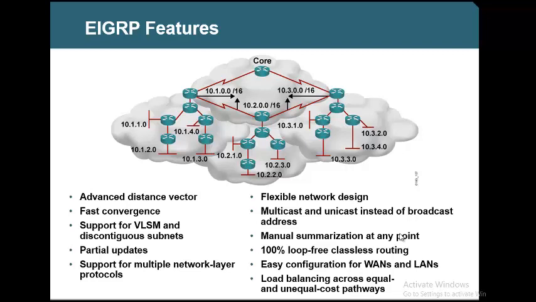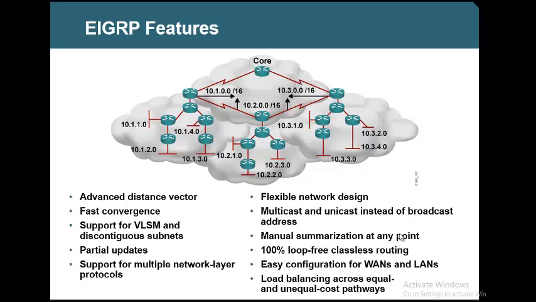Whereas in EIGRP, I don't give you the metric. I simply say, for me, this is the metric. So for example, I'll say, for me, metric is 100. Then you will see, okay, for him, if it is 100, then between me and him, it's 50.